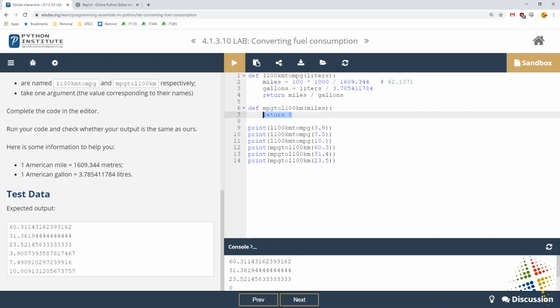Okay, so now the second one, miles per gallon to liters per 100 kilometers. This particularly is the area that I had problems trying to figure out, even though it should be pretty simple. We just need to convert the miles into kilometers and then the gallons into liters.